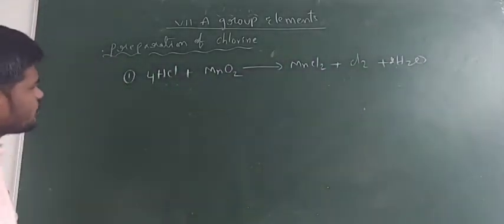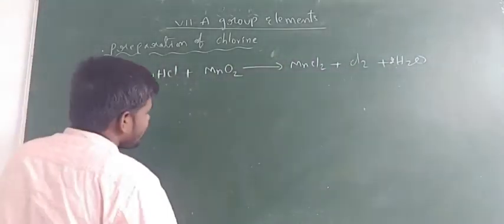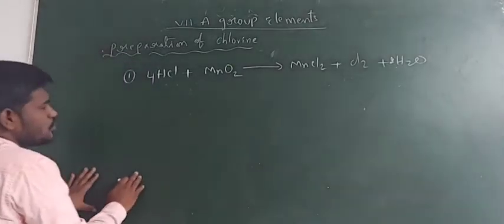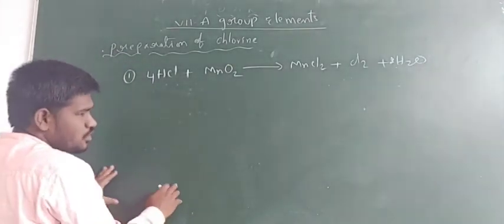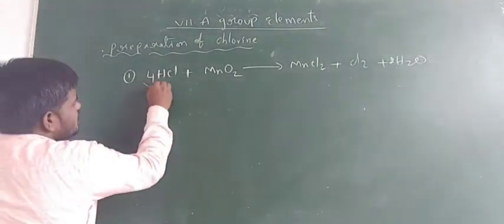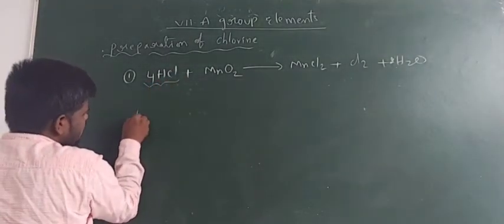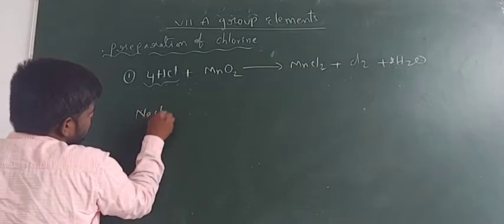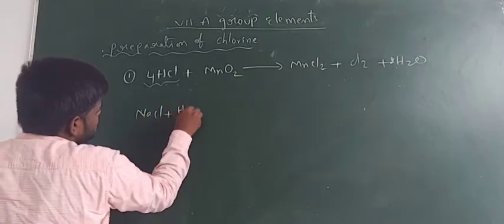So next guys, we can prepare the chlorine by treating this MnO2 with the mixture of sodium chloride and H2SO4. The mixture of sodium chloride and H2SO4 is taken instead of the HCl, that is NaCl plus H2SO4.